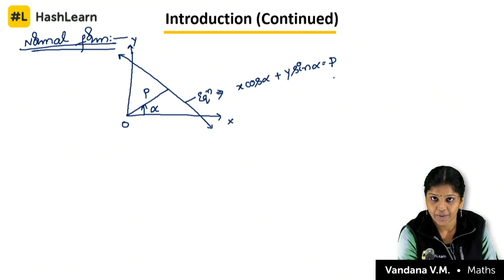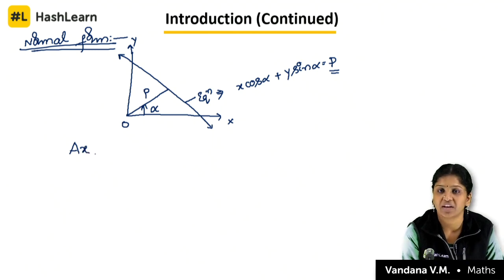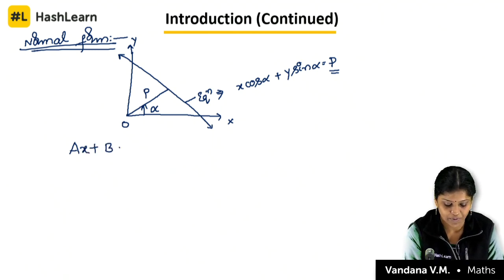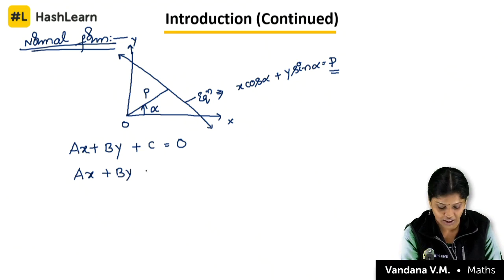where p is the perpendicular distance. Now the thing is, children, in which format will they give it? ax plus by plus c is equal to 0. We send c to the other side, minus c.